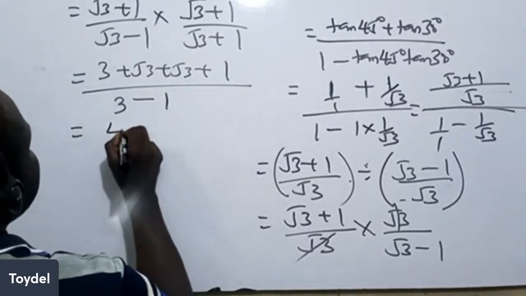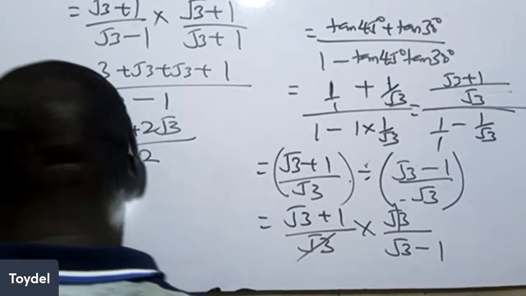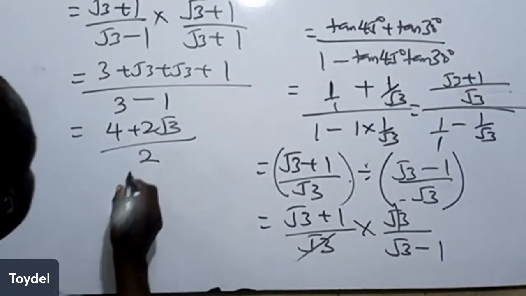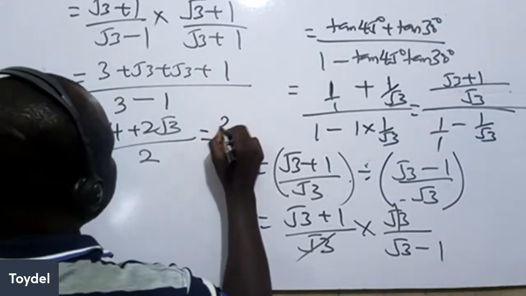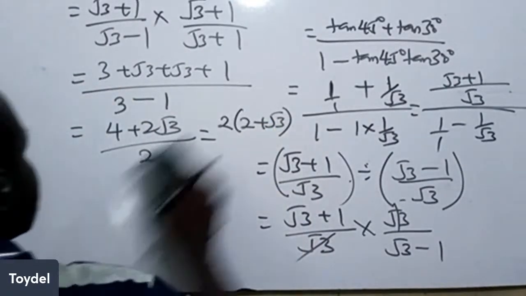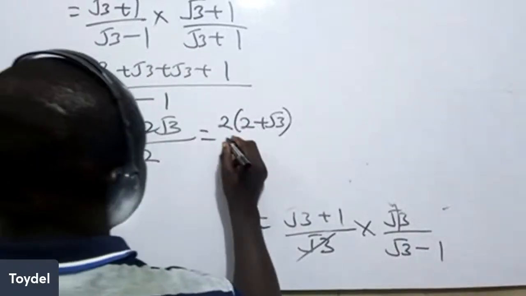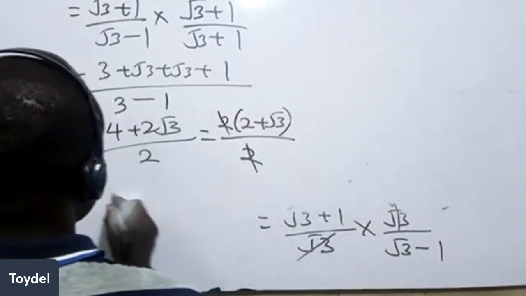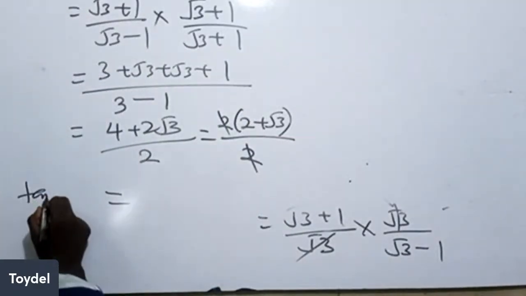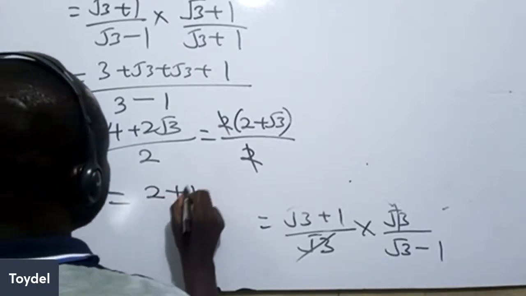So at the end of the day, we are going to have 4 plus 2 root 3 all over 2. Of course, something can cancel out. We can bring out 2 so that we have 2 plus root 3, divided by 2. 2 will cancel 2. Finally, tan 75 degrees will be equal to 2 plus root 3.